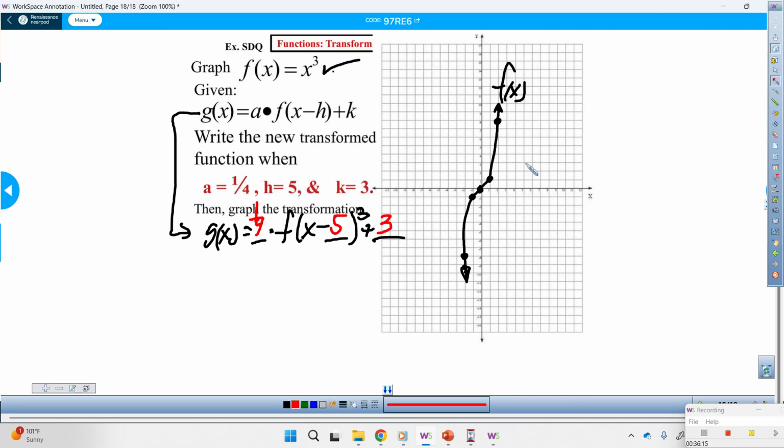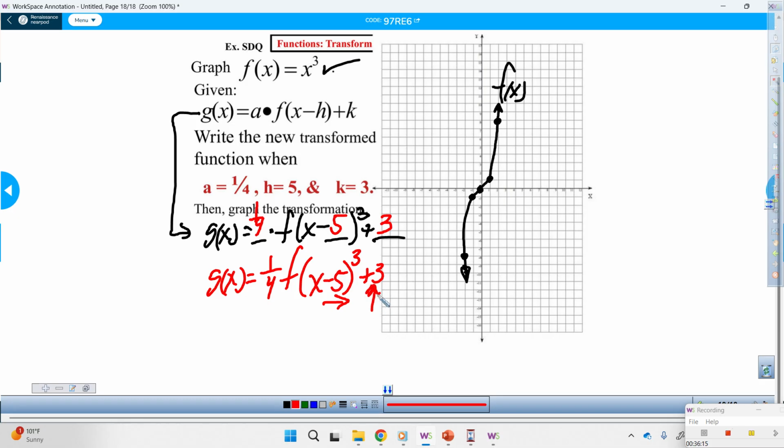So my new transformation is g of x equals 1/4 f of x minus 5, cubed, plus 3. Where's that going to go, Carlos? Right 5, up 3. But before we do that, I'm going to circle it in green. What does that do to the whole thing, everyone? It compresses it, yes?